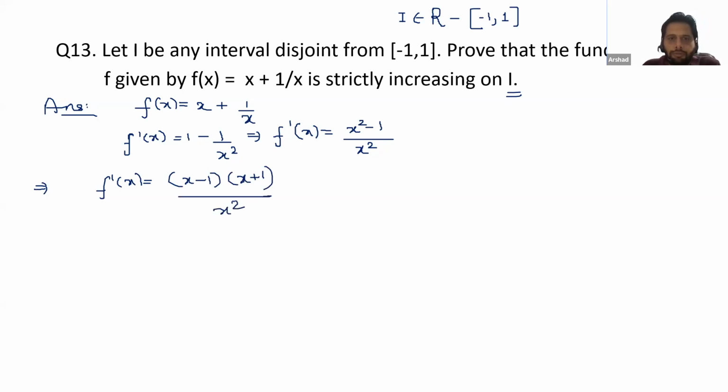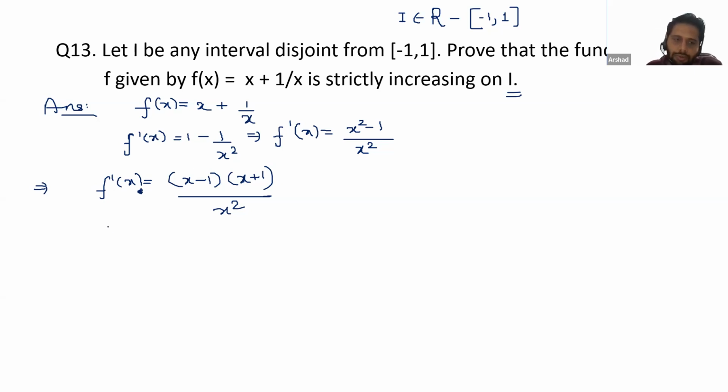Please remember, critical points are those points for which the derivative is 0 or not defined. To find the points for which this becomes 0, we always equate the numerator to 0.